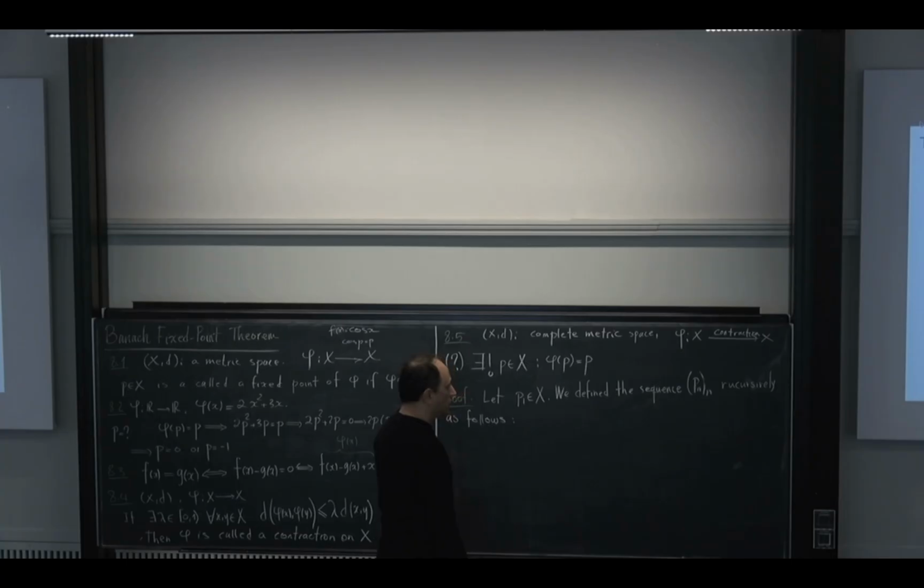Okay, so what is my first term? The first term is this one. But if I want to find the second term, I put the first term in phi, I get the output, this will be P2. And if I want to find P3, I put P2 in, and I get P3. So this is the recursive way of defining.